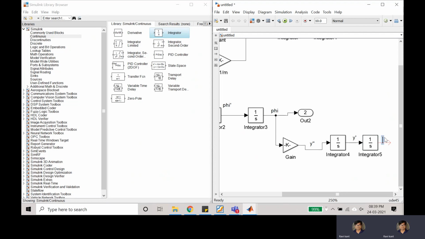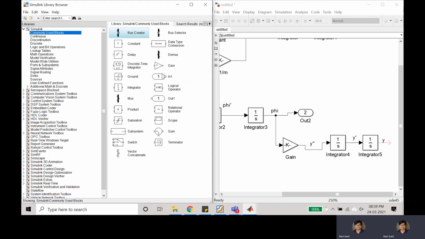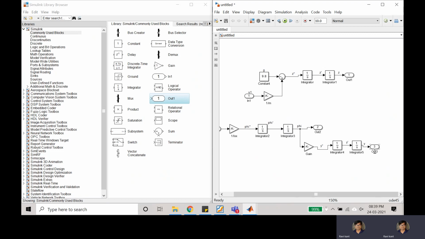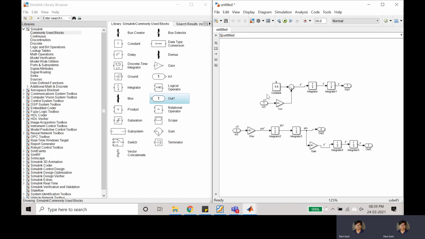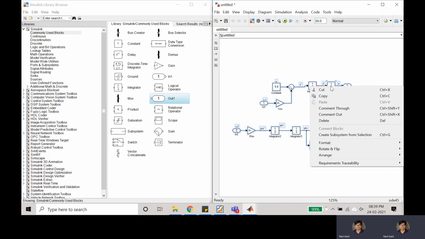So this will be my y. I'll take one more output. So it has in 1 and in 2 as inputs, and out 1, out 2 and out 3 as z, phi and y.